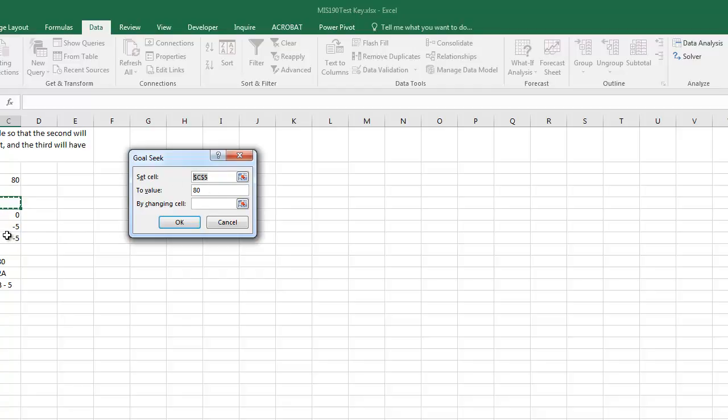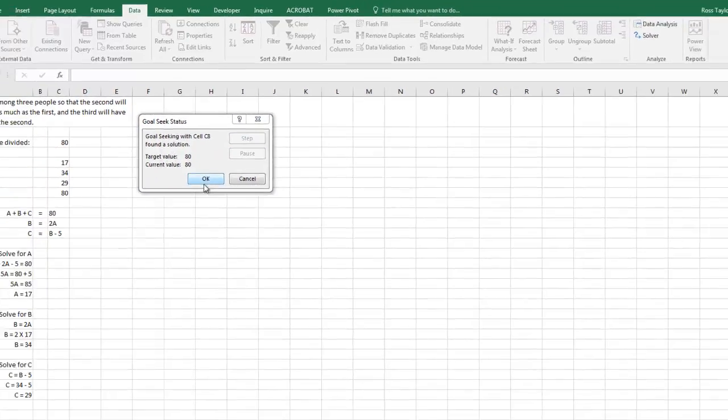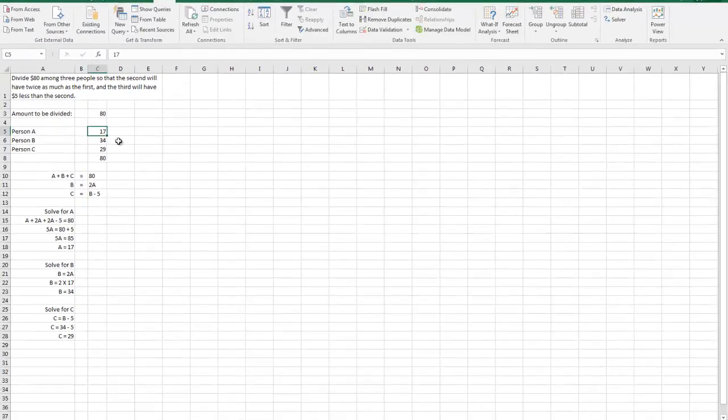I want to set that cell, the sum here, to equal 80, and the value that we're going to change is the one here in A. Okay. And when I do that, you can see that it goes through and gets everything correct.